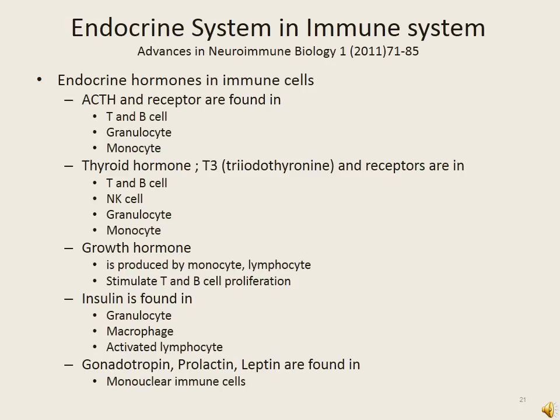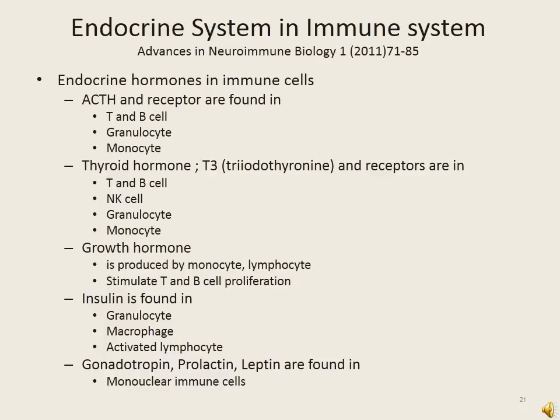This slide shows you that there is an endocrine system in the immune system. It is a chapter in Advances in Neuroimmune Biology, the year 2011, and I summarized some of them to show you. For example, the adrenocorticotropin hormone, right?